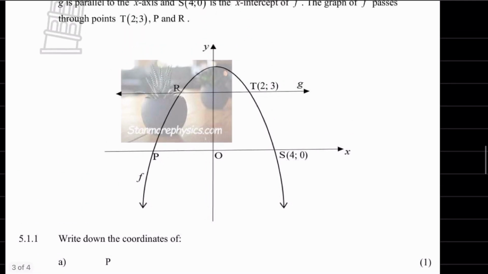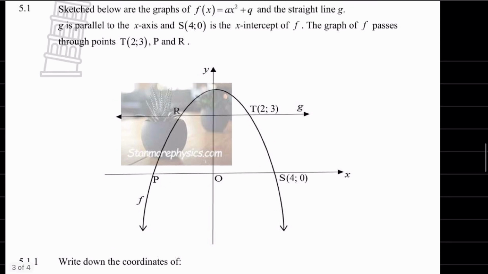Okay. Now, here you look at it, it's 1 mark. So it can't be too detailed or too involved of a calculation. Maybe not even a calculation at all. So what we'll do here is we'll use the knowledge that we have about parabolas. And what do we know about parabolas? We know that parabolas are symmetrical around their turning point. So my turning point is right here, right? And there's symmetry, meaning that the distance from here to here is going to be the same distance from here to here.